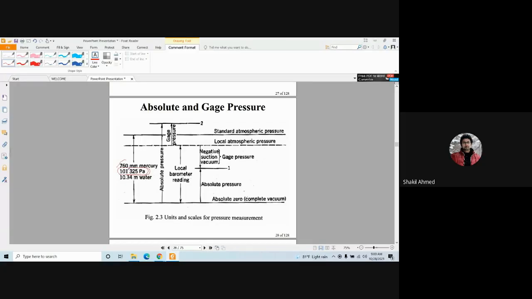Okay. Usually atmospheric pressure, you see this. This is atmospheric pressure, and this is measured at mean sea level.